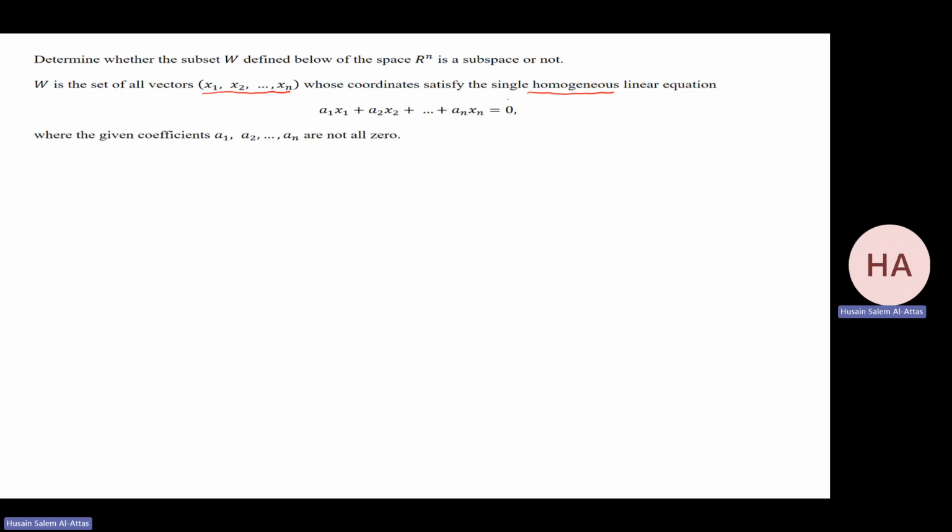If you collect all of these infinitely many solutions and put them in a set, is this set a subspace or not? And it is a subspace. So these are the vectors. If u, which is x1, x2, up to xn, belongs to W, that means this vector satisfies this equation.